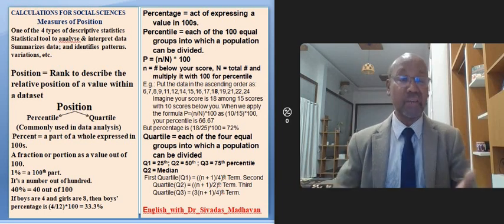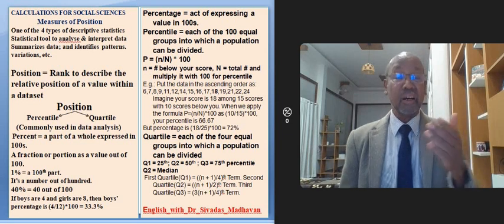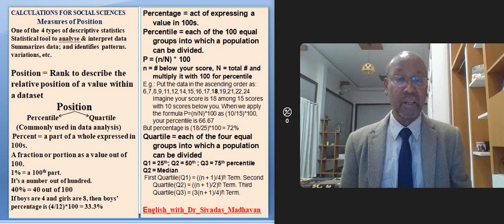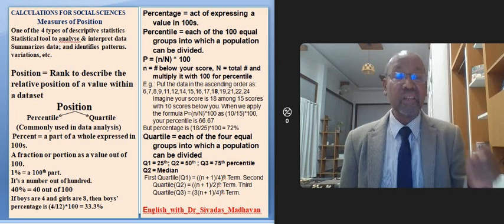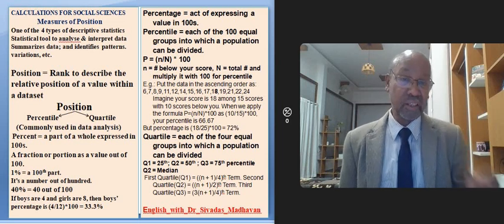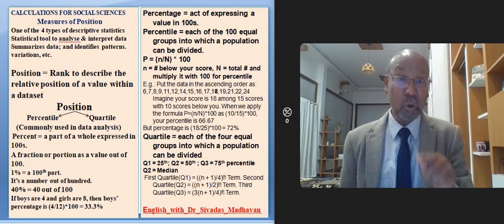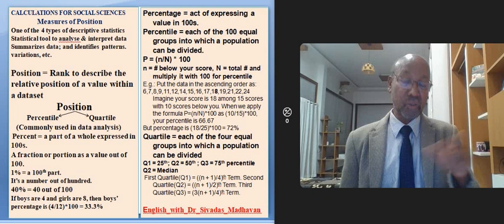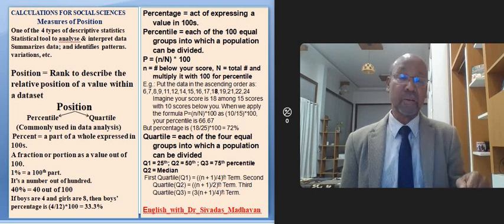Percentage is very easy, we have seen earlier. You can calculate 18 out of 25 times 100. So that will be 72%. 18, your score, out of 25, the total marks, times 100. It will be 72. So that is percent.